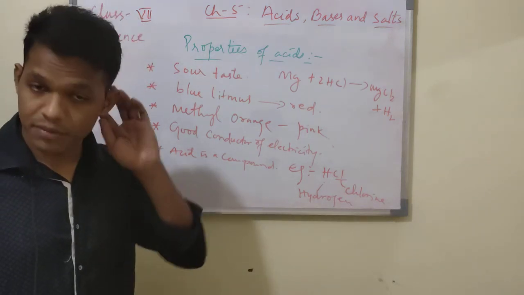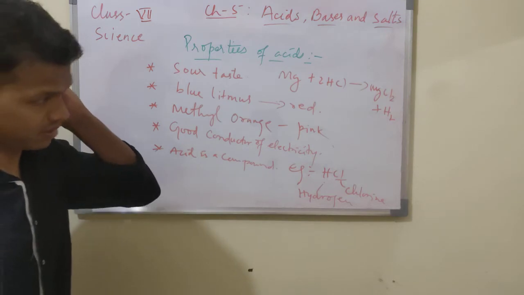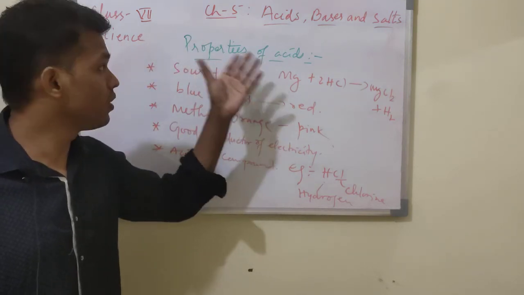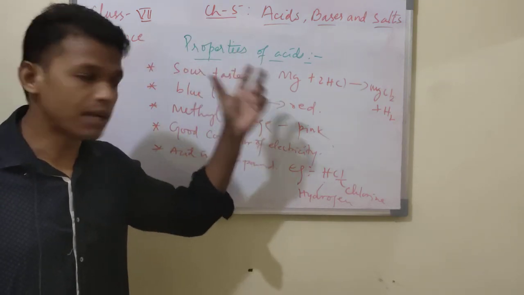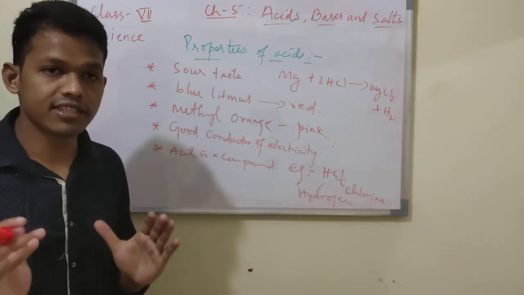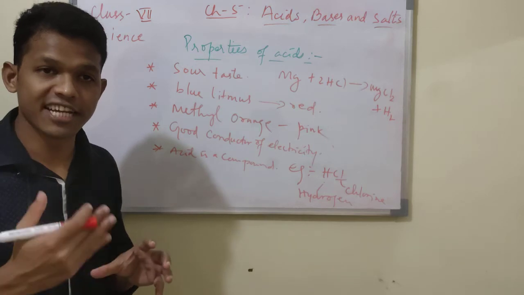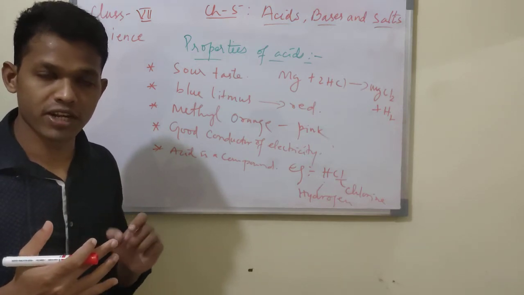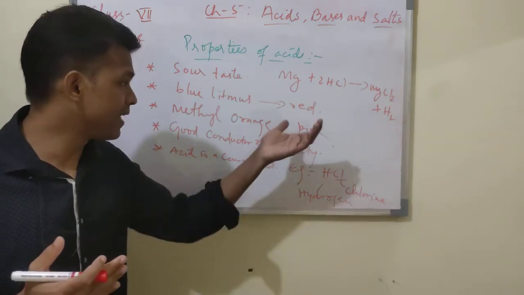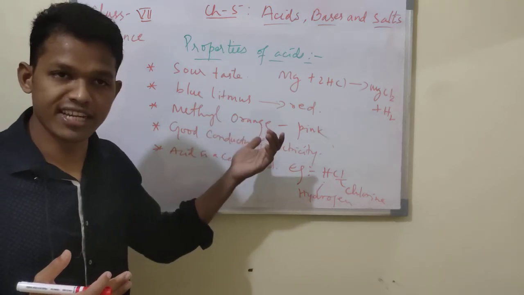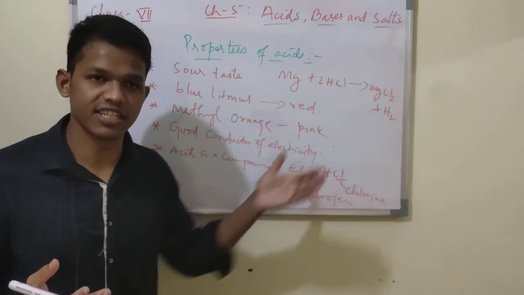So these are very important properties of acids. I think you at least understood something about acid. Acid has a sour taste, and it turns blue litmus paper red. Methyl orange, a natural indicator, gives pink. It is acid.